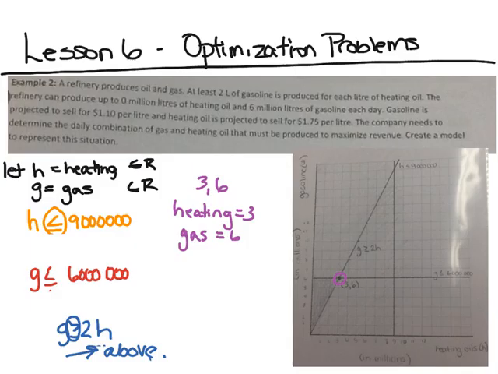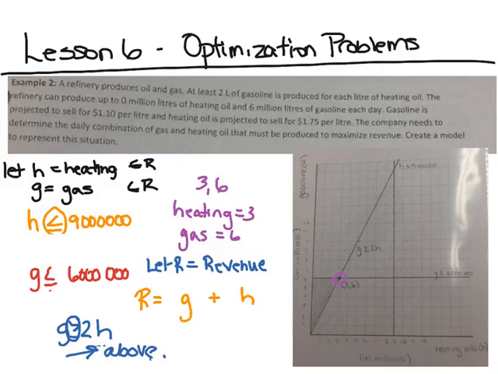Now we need to find the maximum revenue. So we need to find our objective function. So we're going to let R equal our revenue. So R is equal to, we have gas and heating oil.